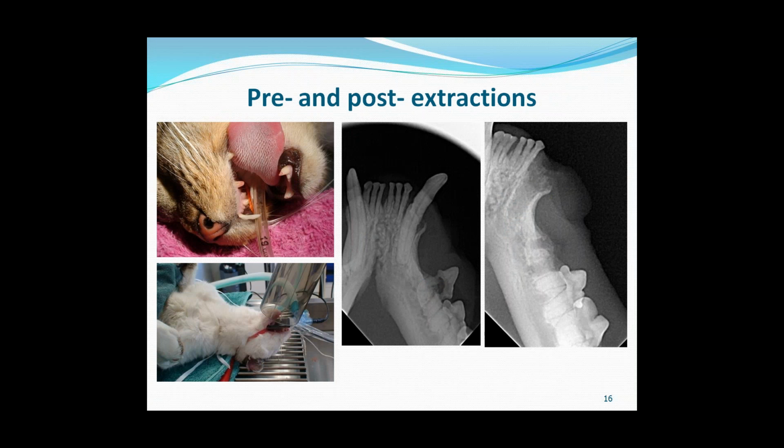This is a cat that presented after a car accident and had multiple fractured teeth, fractured canines, and also some periodontal disease of the premolars as well. You can see the X-ray positioning is with the cat in dorsal recumbency, the head possibly parallel to the table, and the X-ray plate parallel to the table.